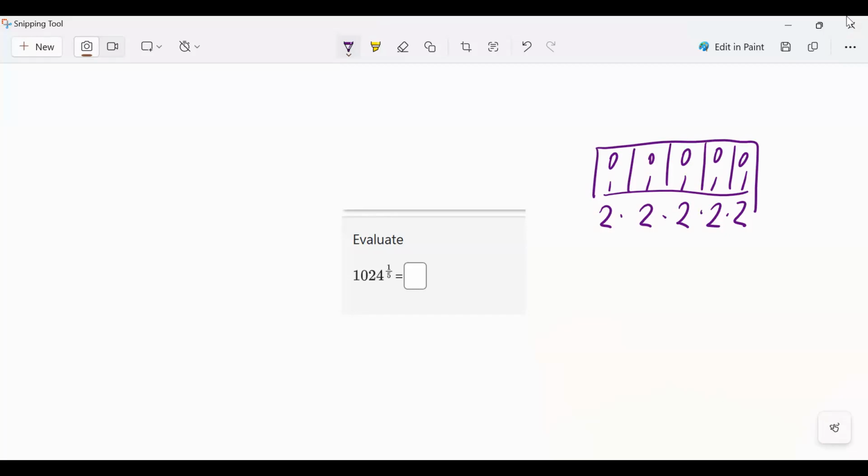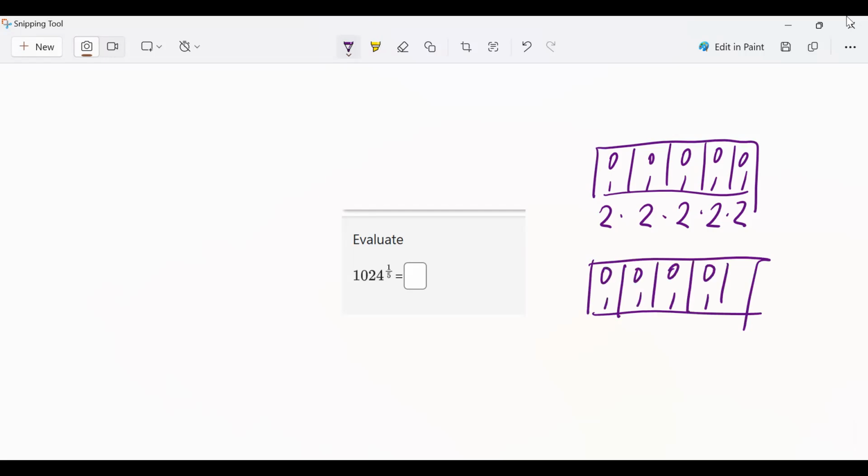So 2 to the 5th is just 5 digits, and then we get 5 more, two choices, two choices. So it's 2 to the 10th power. 2 to the 5th, what is it? 2, 4, 8, 16, 32, right? That's 32, and 32 times 32 is 1024.